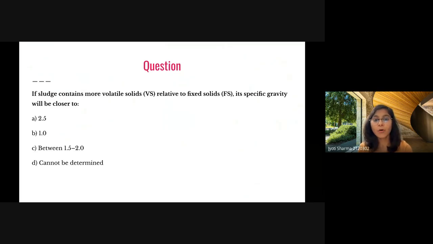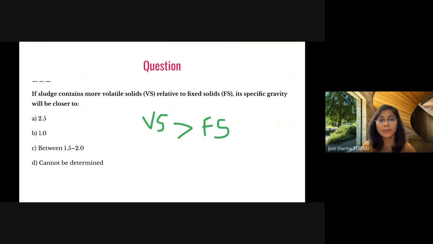If you have more volatile solid as compared to fixed solid, then the specific gravity of your sludge will be closer to what? This is based on just one formula of the specific gravity of the sludge, and based on that formula you can easily tell me the right answer.